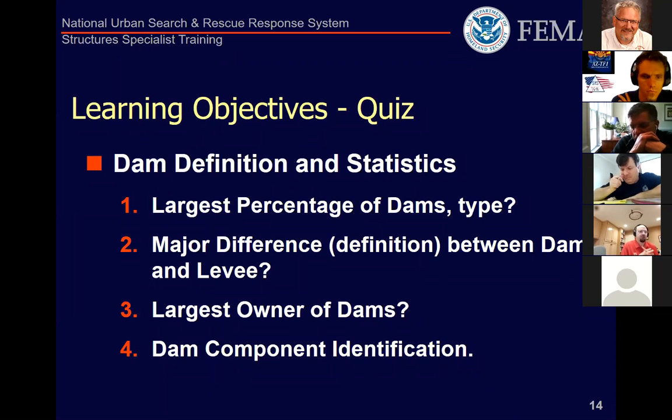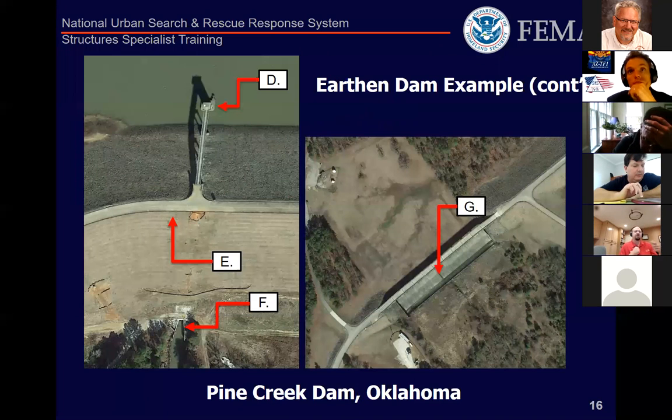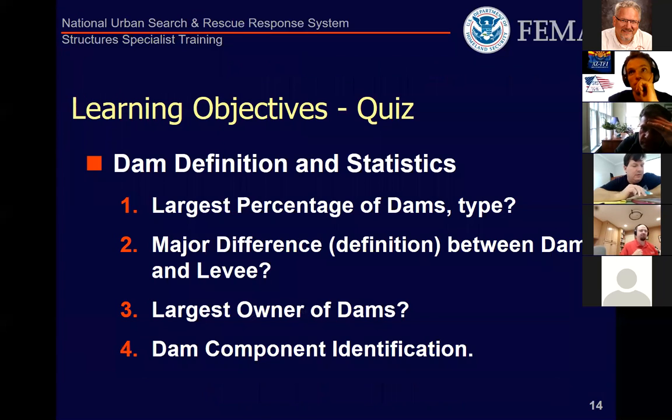And who's the largest owner of dams? Municipalities. Say it again. Municipalities. No, private sector. Municipalities under that chart I had earlier fall under the local and the state, and they would be the second below private. Private's the largest. Municipalities and state would be the second largest owner.